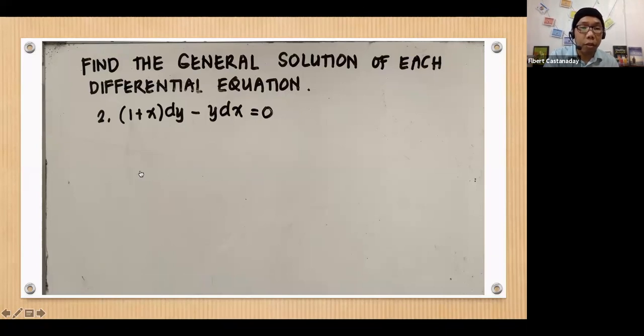Okay, for example, I have (xy + x) dx minus (xy + y) dy equal to 0.